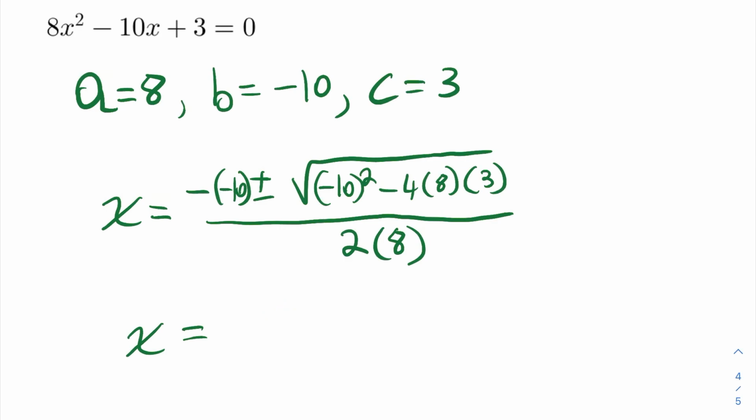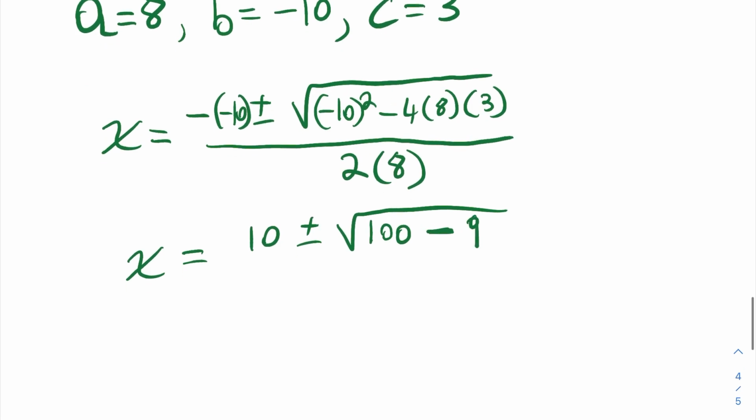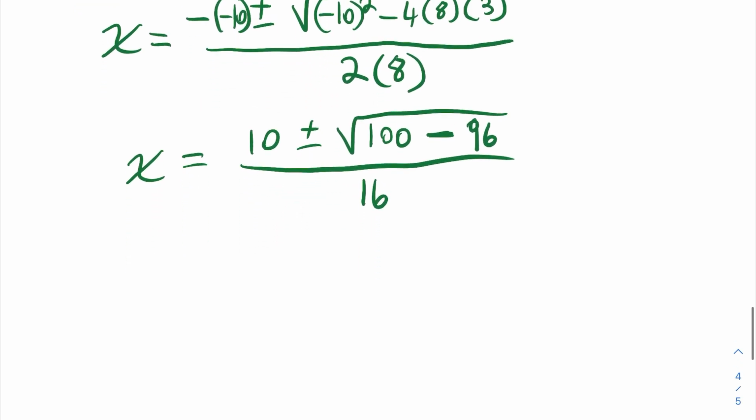So this should then be 10 plus or minus the square root of 100, minus 12 times 8, which is 96, all divided by 2 times 8, which is 16. So we get x is equal to 10 plus or minus the square root of 4.